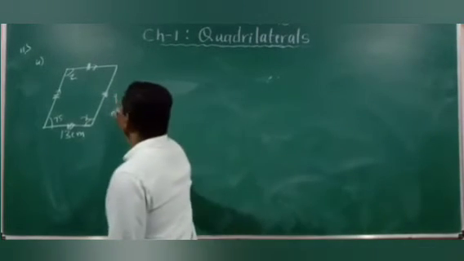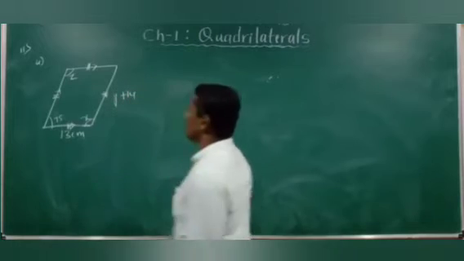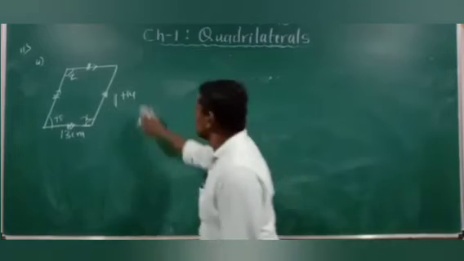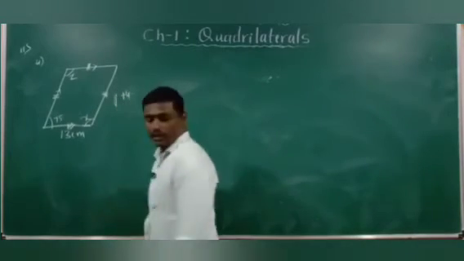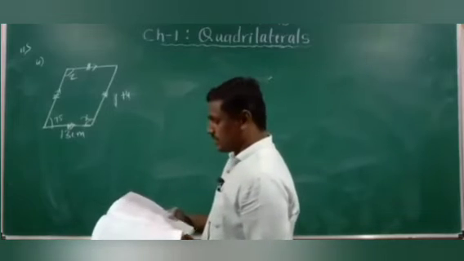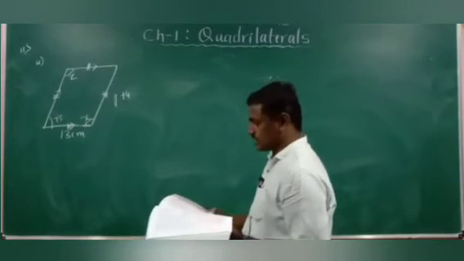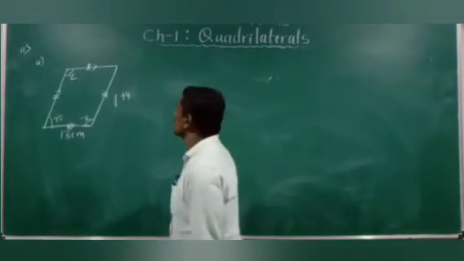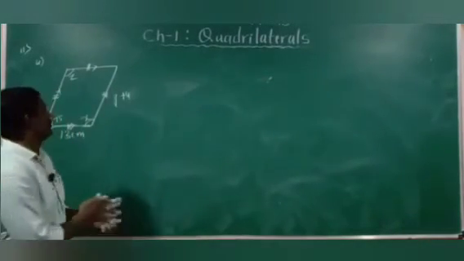This side is y plus 4. Okay. So angle Z is 75, this angle is x, 13 and x plus 4, y plus 4. Okay.